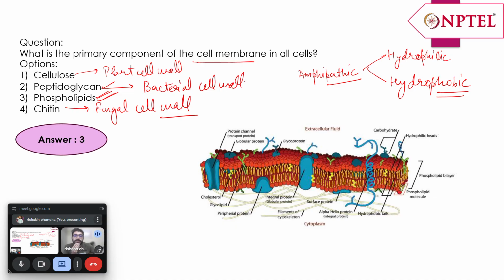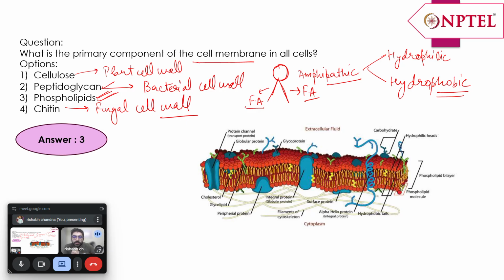We depict the phospholipid like this. This is the head of the phospholipid, a hydrophilic head, and these two are the fatty acid side chains. This is fatty acid chain 1, this is fatty acid chain 2.